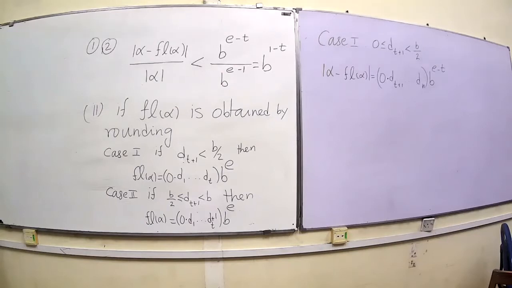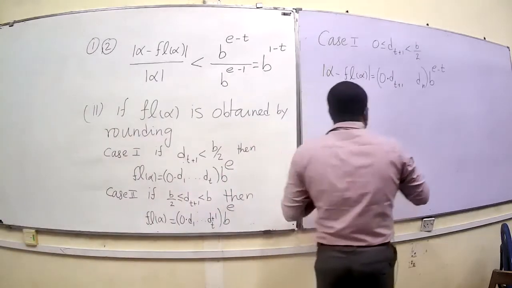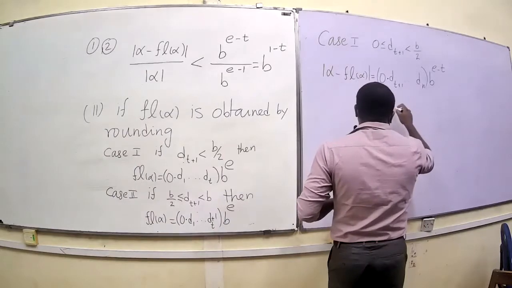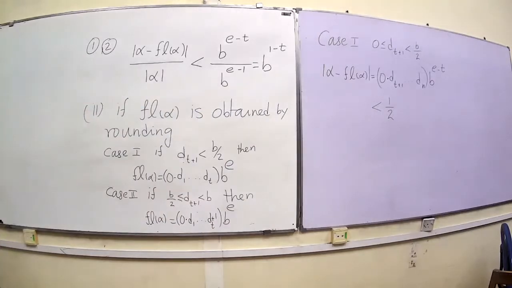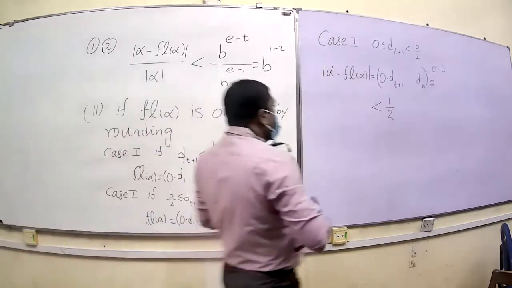But you all know d t plus 1 is less than b over 2, half of b. So clearly this fraction is less than 1/2 in that base. Because d t plus 1, the first digit, is less than half. If you think of it as a base 10 problem, then it is less than half in that base, times b to the power e minus t.